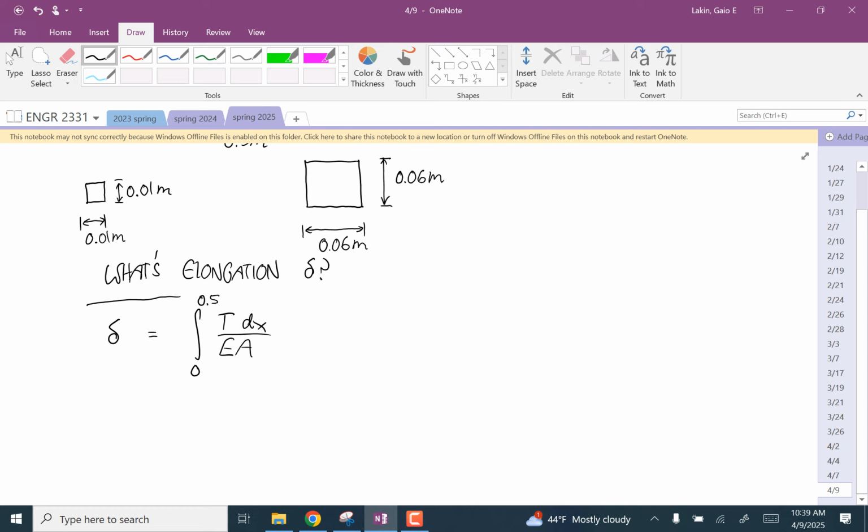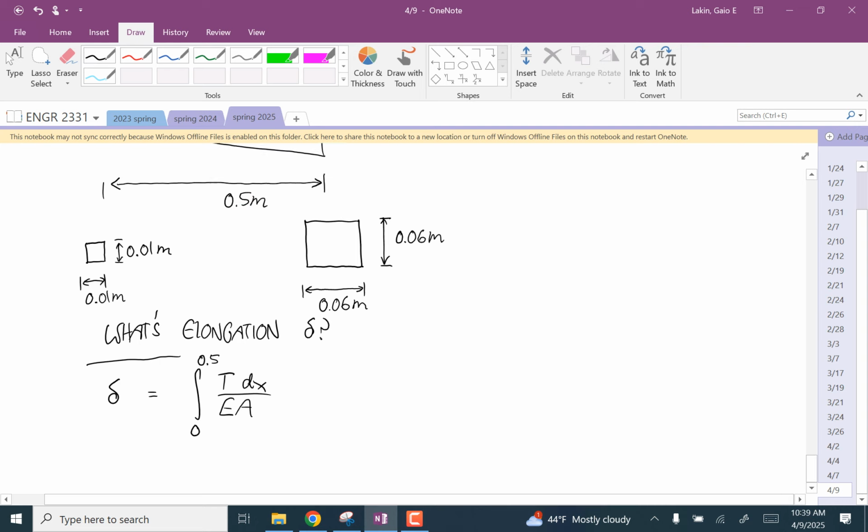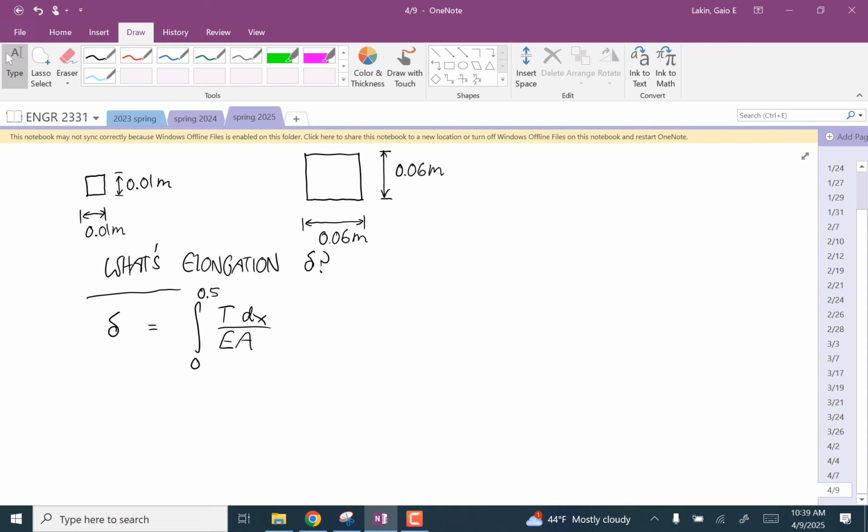We know that the side length goes like this. So for x, let's calculate the side length.